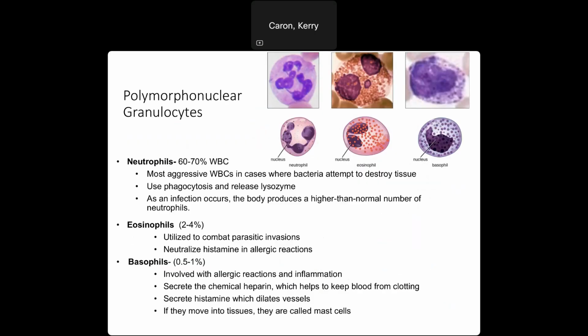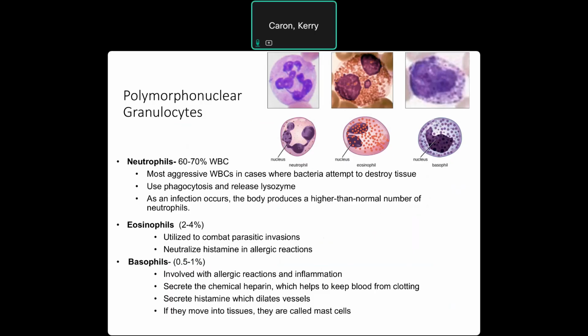Okay, your polymorphonuclear granulocytes. There are three types. You have neutrophils, which are the majority, 60 to 70% of leukocytes or white blood cells. They're the most aggressive. So when bacteria attempt to destroy tissues, they go into action.